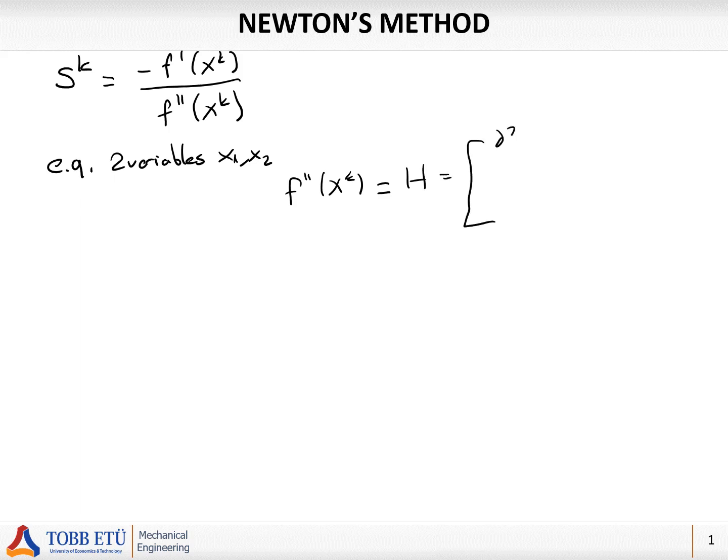It has the partial derivative of f with respect to x1 squared, second derivative, that's why it's squared, and the partial derivative for x2 squared on the diagonals. The other entries are again f, but in the denominator we have delta x1 and delta x2, and also delta squared f divided by delta x2 and delta x1.